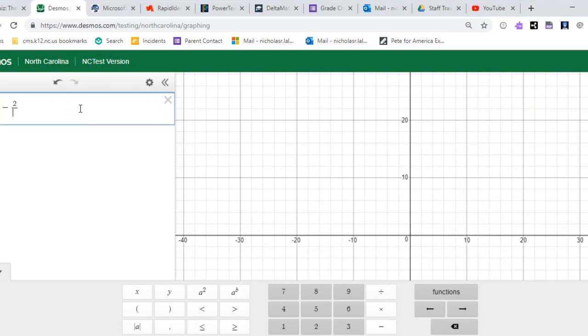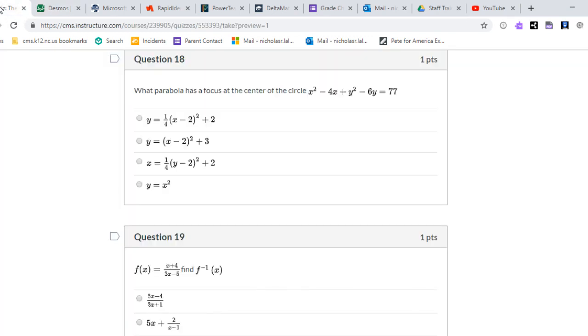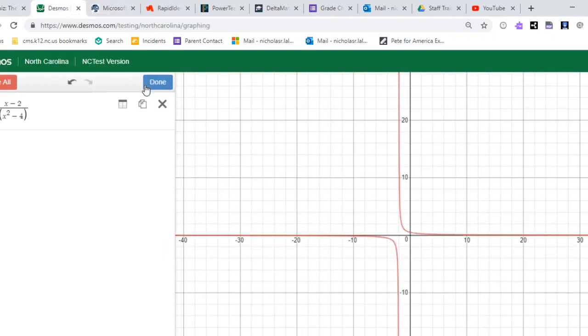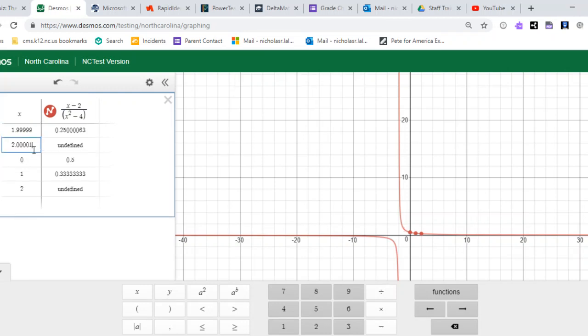If I'm looking at the limit as x approaches 2, I just evaluate 1.9999 and 2.0001, and you can see that I'm approaching 0.25, which is 1/4.